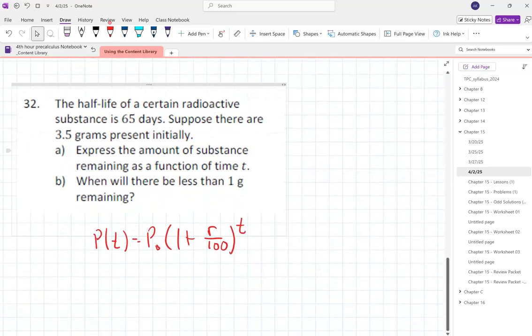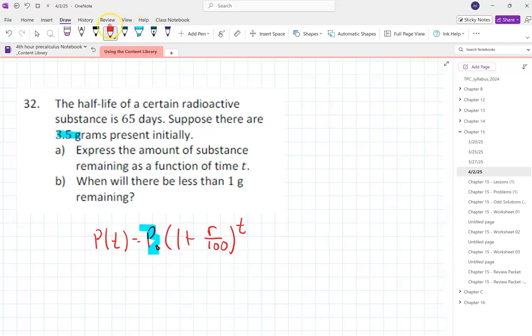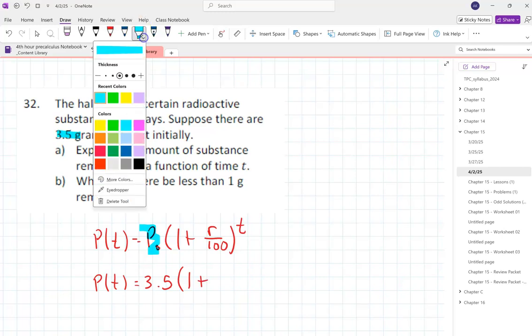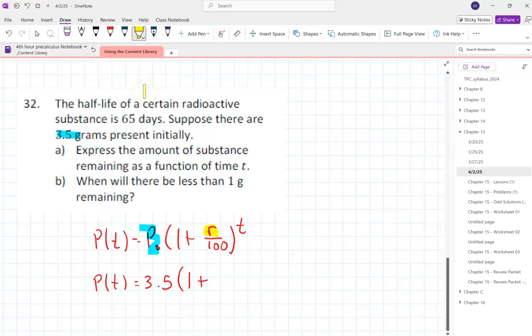So the initial amount says is 3.5. What's the rate of decay, though? What's my R? Should be given as a percentage. You see a percentage given in here?